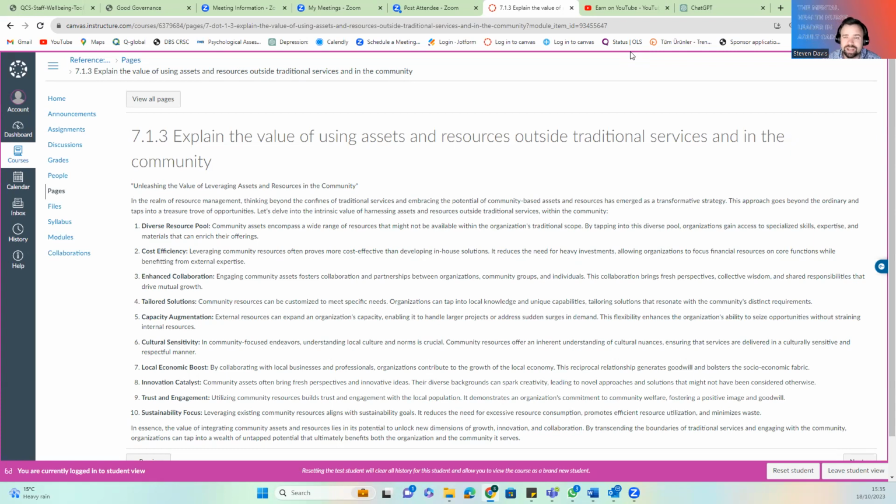Let's stop wasting money. Let's look at how we can work in a much more collaborative approach. You've got Dementia Friends, you've got Care Champion stuff. It's all there. We just need to bring it together under one umbrella to manage it more effectively. By doing that, you're going to come up with cost-effective solutions, a much more enhanced collaboration. You'll have a tailored solution because you'll run it to your own business.